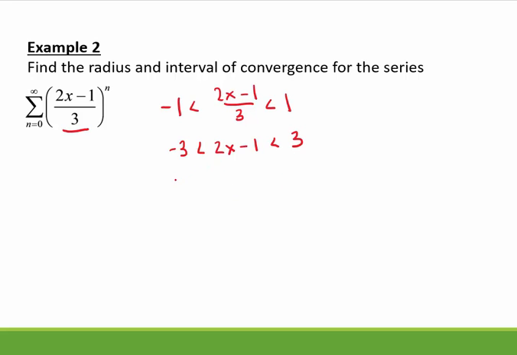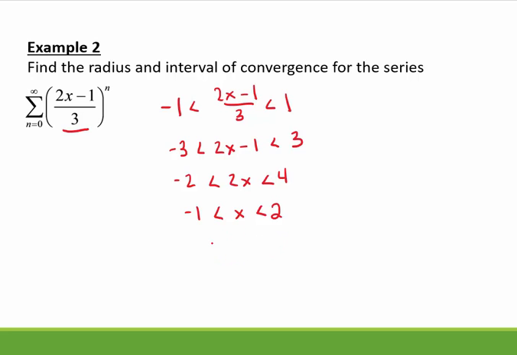Add 1 to both sides. I don't know why I'm struggling with adding 1 to both sides. I had to check in my notes. Now divide by 2. So this is the interval of convergence.